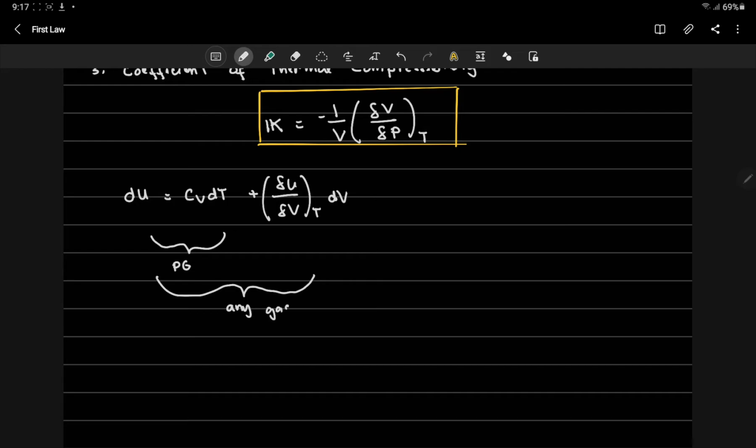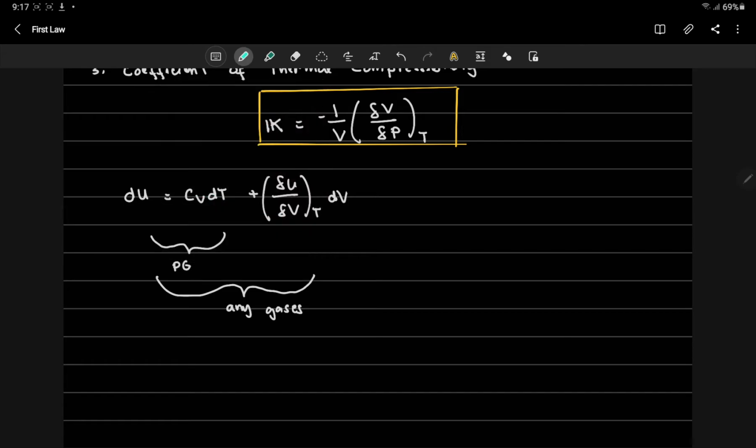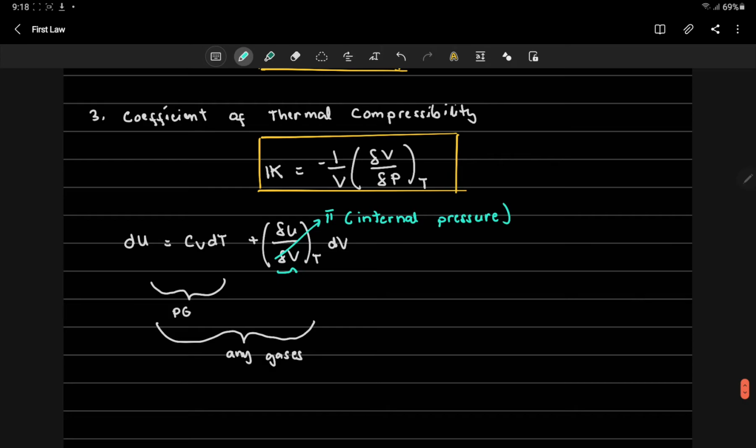Okay? Now, in our discussion during determination of this equation, change in internal energy, na-discuss natin na yung second term is actually what we call pi. And pi, it's called internal pressure. Okay? Anong ibig sabihin yan? So kung mapapansin nyo yung expression, change in internal energy with respect to volume at constant temperature.